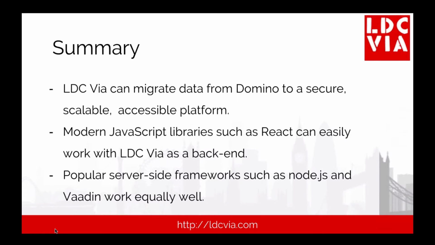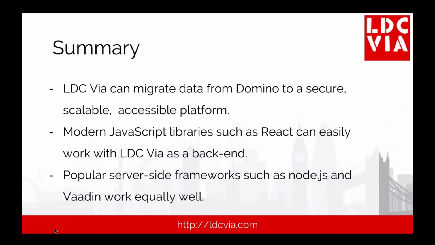It's worth pointing out also that you don't have to start with migrated Domino data. You could just create a blank LDC Via database and build completely new applications. That is a very supported standard use case. It's just that we're focusing at the moment on the migration from Domino in the context of this webinar.